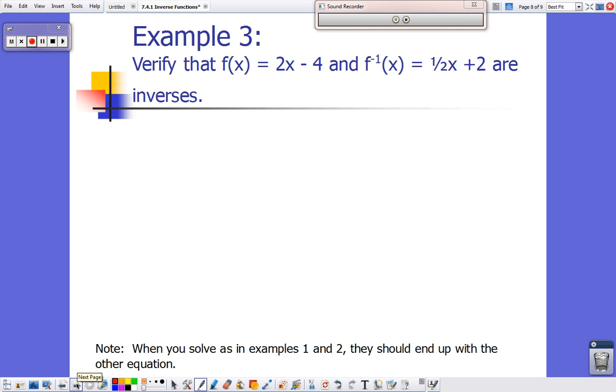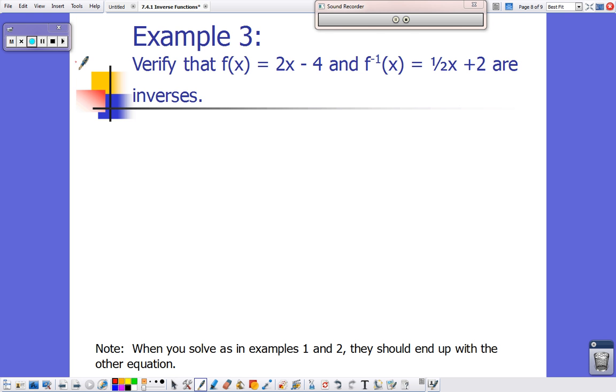So, next example, I wanted you to verify that f of x, which remember is just y equals 2x minus 4, it's just another notation, and the inverse of f, because there's the -1, is 1/2 x plus 2. And we want to verify that they're actually inverses of each other.